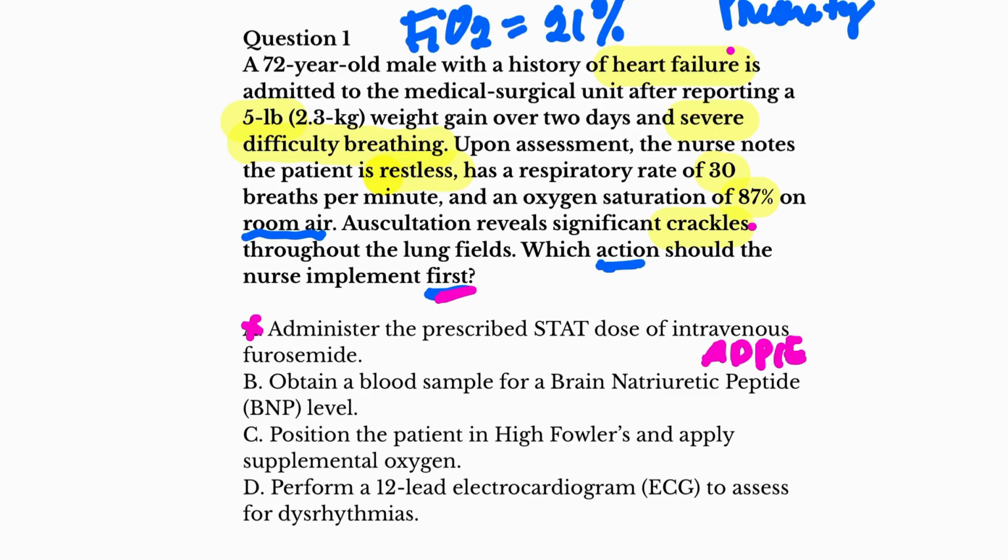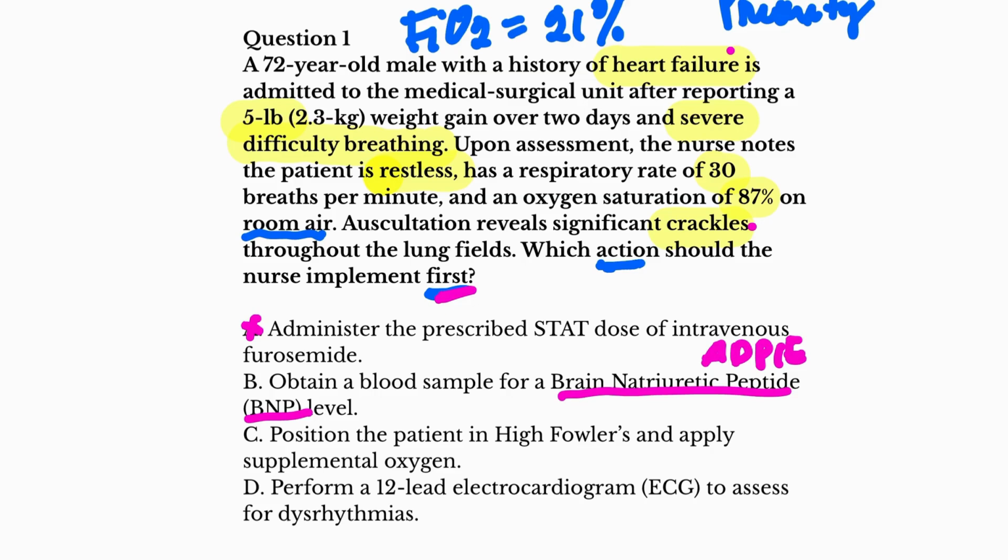So A is incorrect. And then let's go to letter B, and it's talking about obtaining a blood sample for BNP level. So think about this. When we call the lab to stick the patient and get the blood, how many minutes or perhaps hours do you think you're going to have that result? Perhaps 30 minutes, perhaps 45 minutes, perhaps an hour, or perhaps 3 hours.